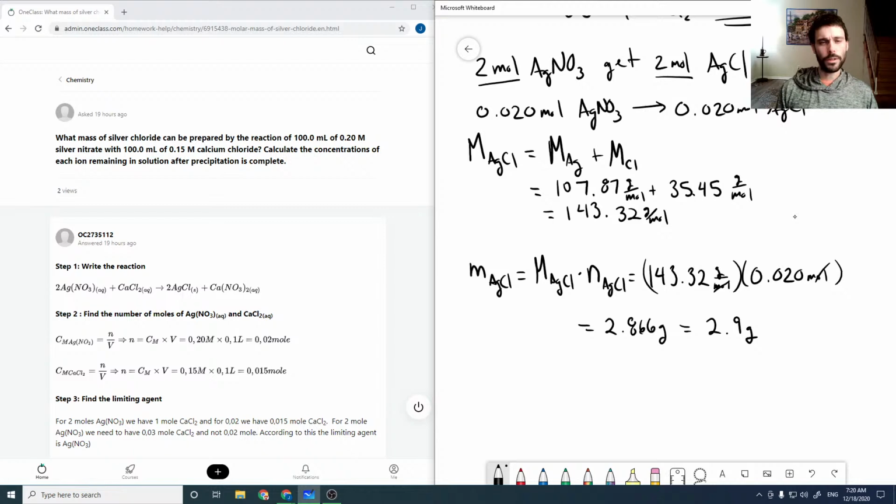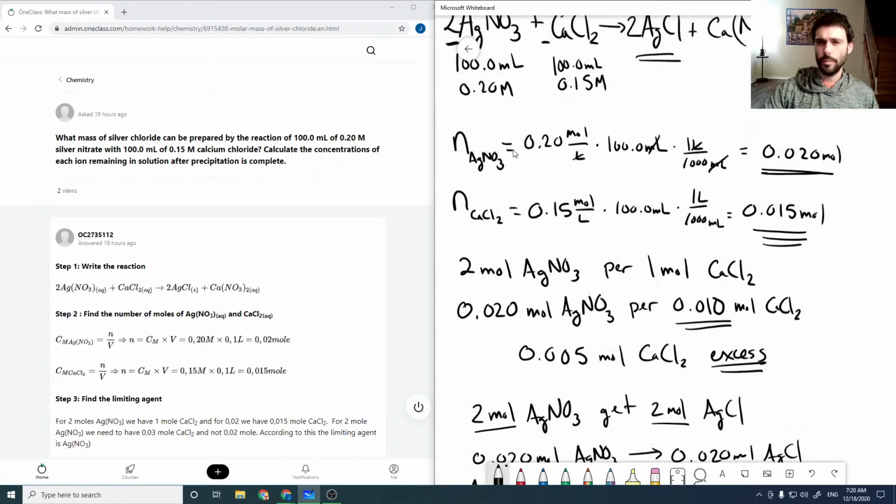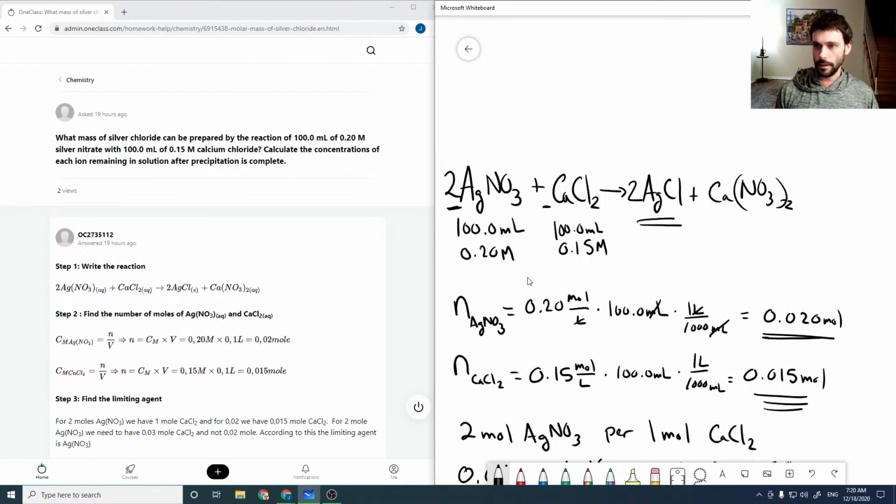And now the other question it asks is the concentrations of each ion remaining in solution after precipitation is complete. So here, initially we have our silver nitrate. Actually, I guess we might as well just go by our products. Our products are calcium nitrate, so we need to consider that, and then the excess calcium chloride.